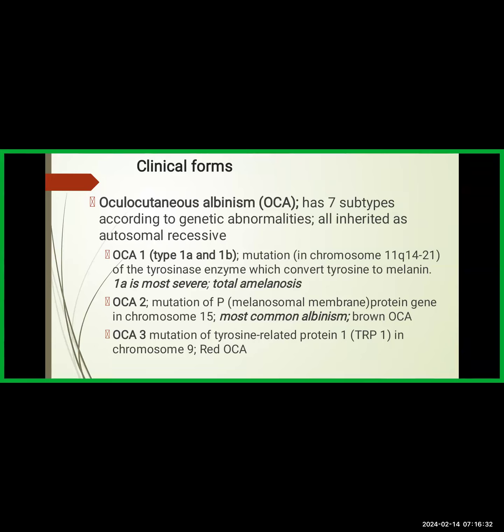The first type is OCA1, which has types 1A and 1B. This results from a mutation in the long arm of chromosome 11, section 14 to 21, and it involves impairment of the tyrosinase enzyme.